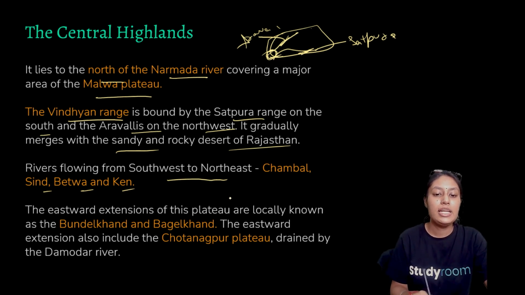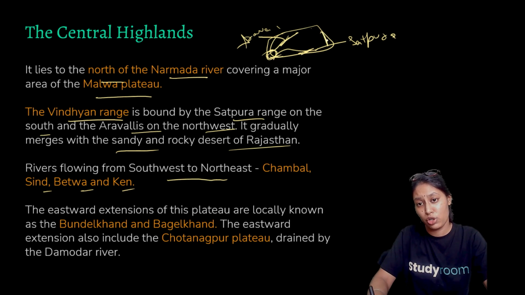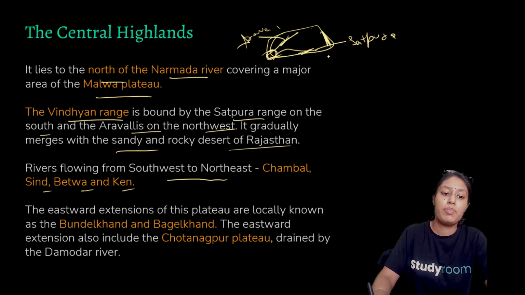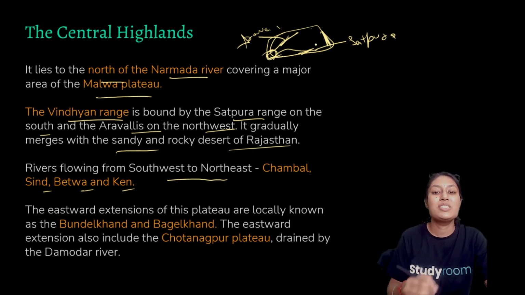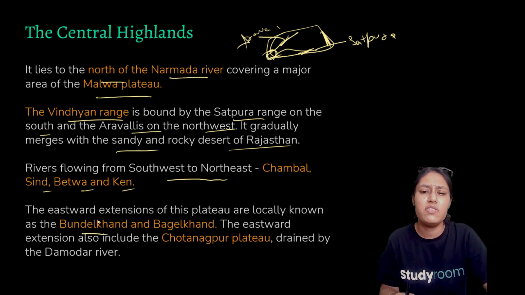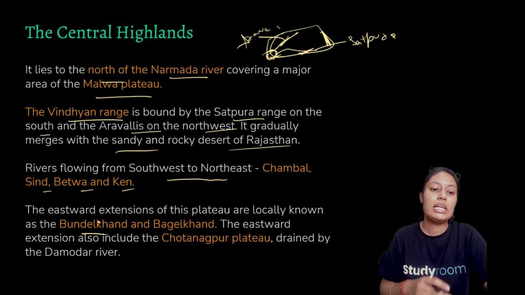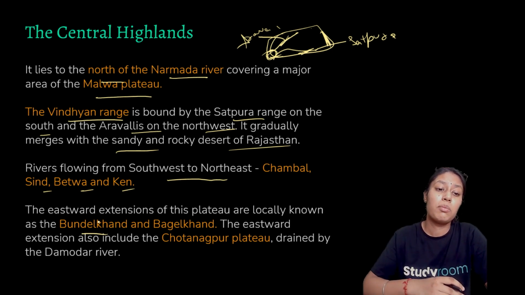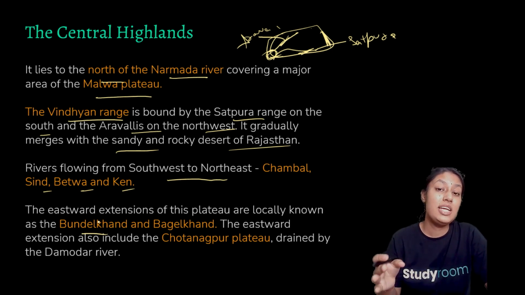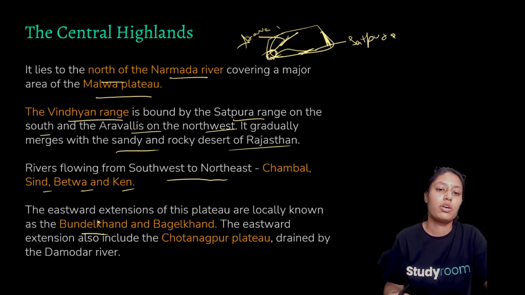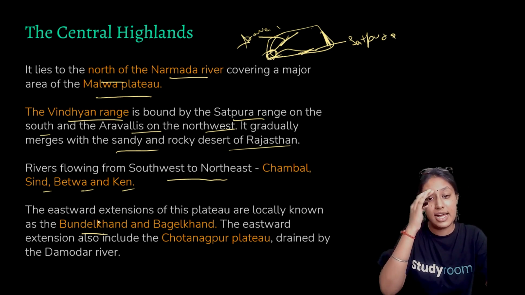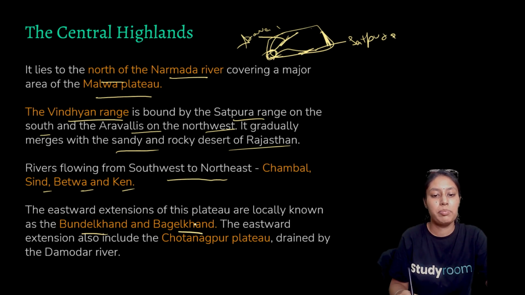Now we'll talk about the eastward extension of the plateau, locally known as Bundelkhand. You must have heard this place is a very famous place. Bundelkhand is famous because it is the most east side of this particular central highland, or Baghelkhand.